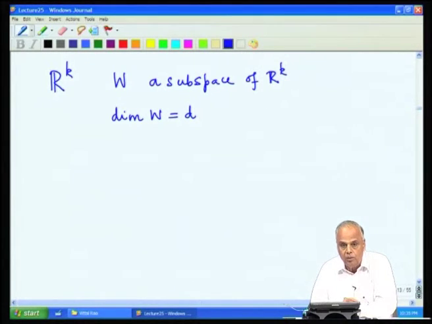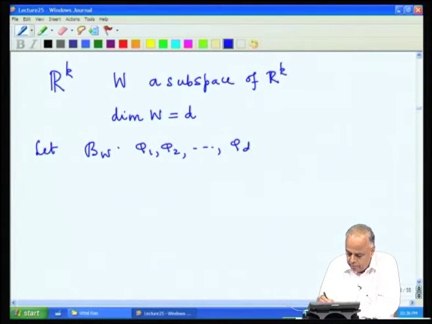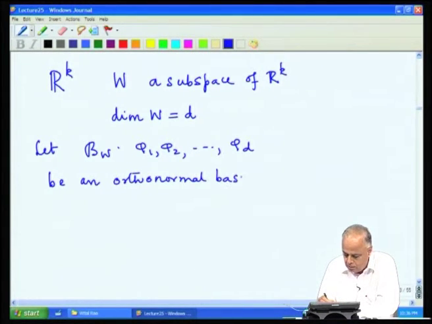If we take any orthonormal basis for W, it will have exactly d orthonormal vectors. So, let B W be phi 1, phi 2, phi d, an orthonormal basis for W.